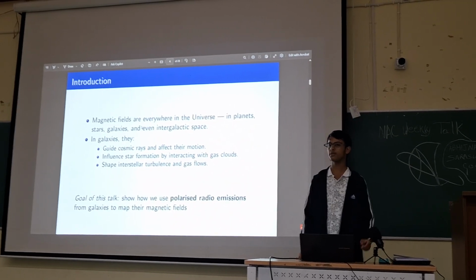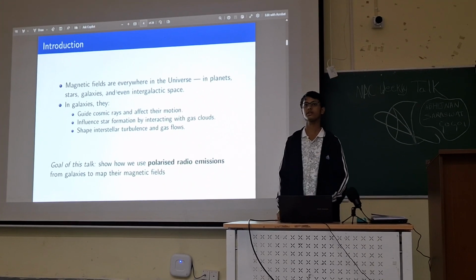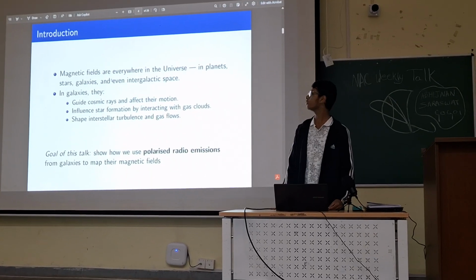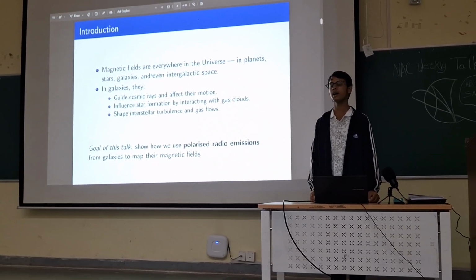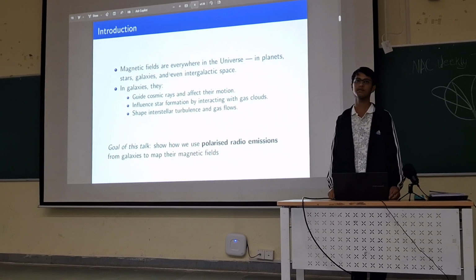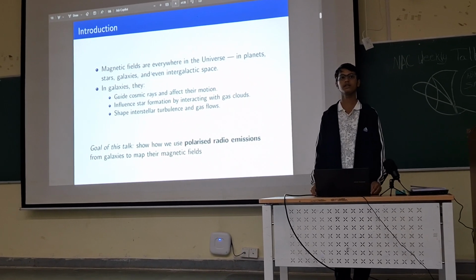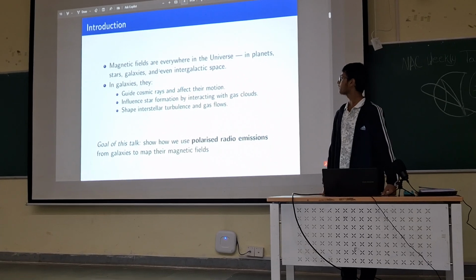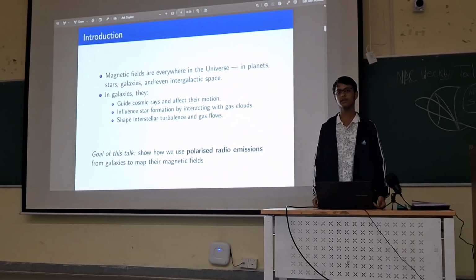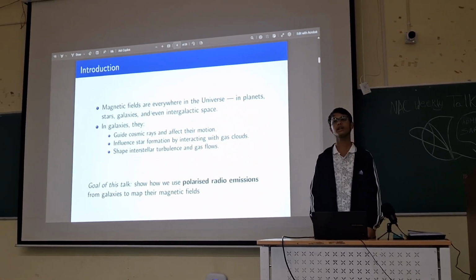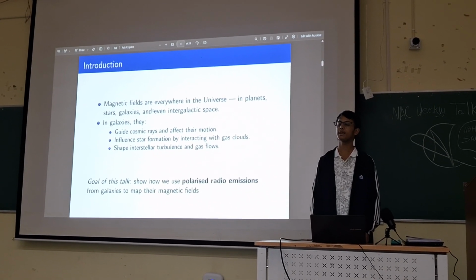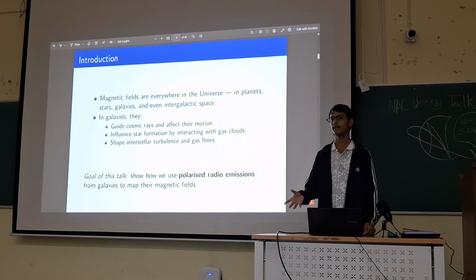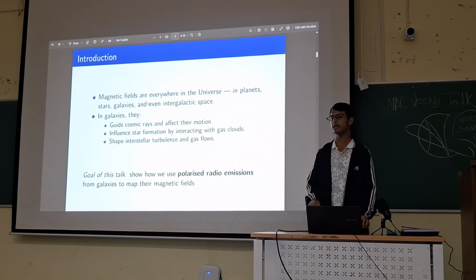They can also affect the propagation of cosmic rays and others. So it is very important that we map the structure of galactic magnetic fields. In this discussion, we will look into how astronomers determine the structure of the magnetic fields in the disk of spiral galaxies.